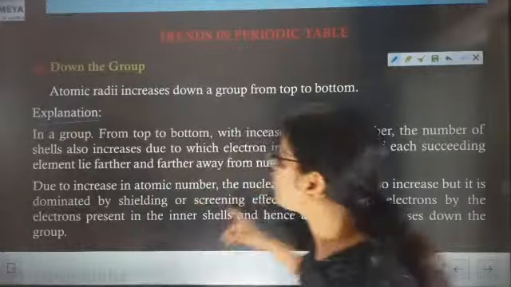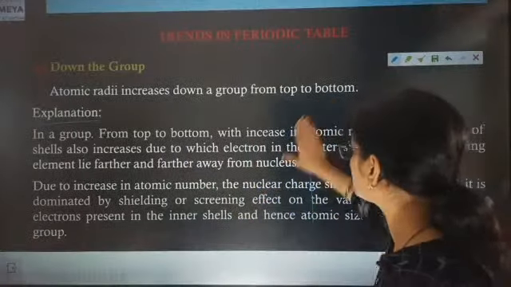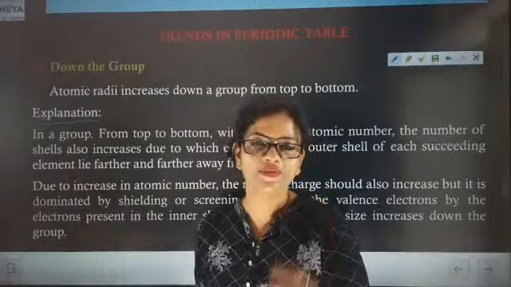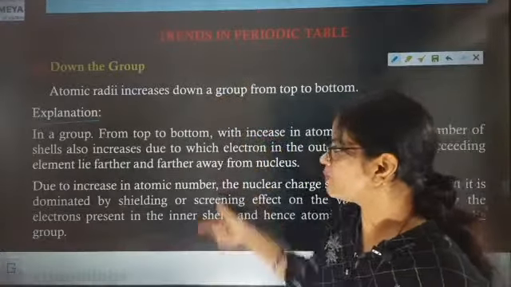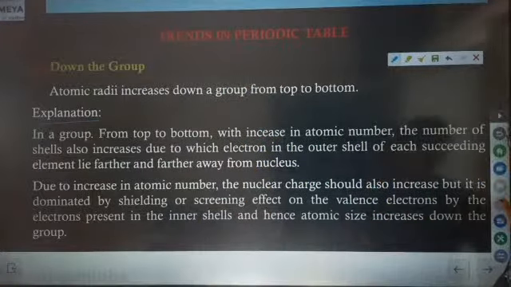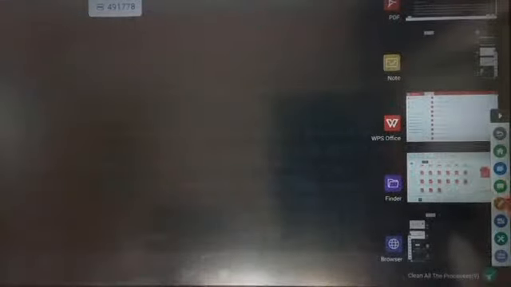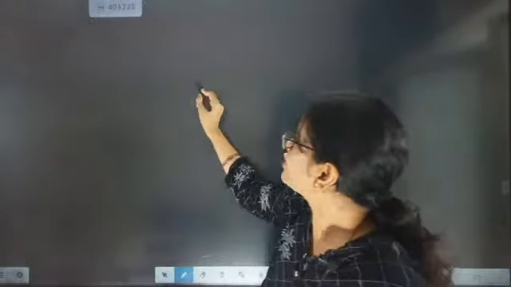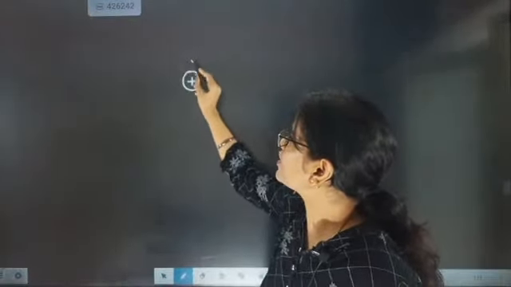So on going from top to bottom in a group, one thing is happening, and that thing is that when you go from top to bottom, every time one orbit keeps getting added. Hydrogen has one orbit.